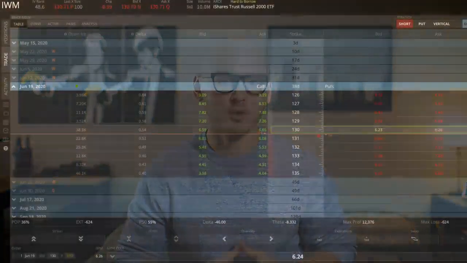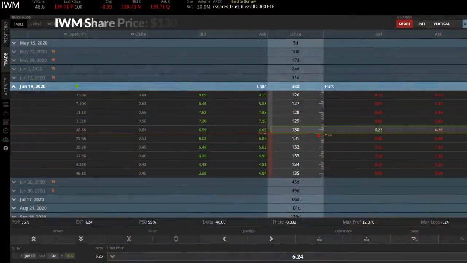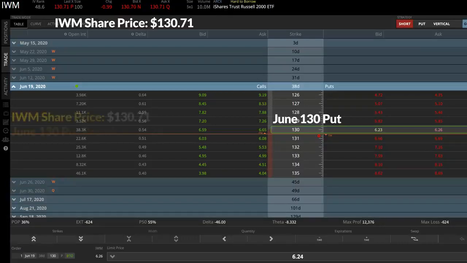Now, the IWM put that we looked at earlier, it should make complete sense why the put option was worth $624 when the strike price of the put was $130, but the price of IWM shares at that moment were actually above $130.